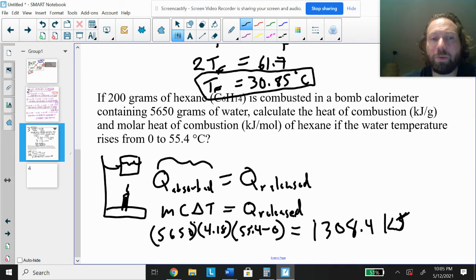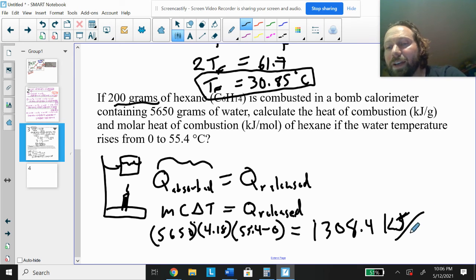So how do we figure out kilojoules per gram? We take the amount of kilojoules that we just calculated and divide by the amount of grams that was burned. Rereading the problem, we have 200 grams of hexane that was combusted.